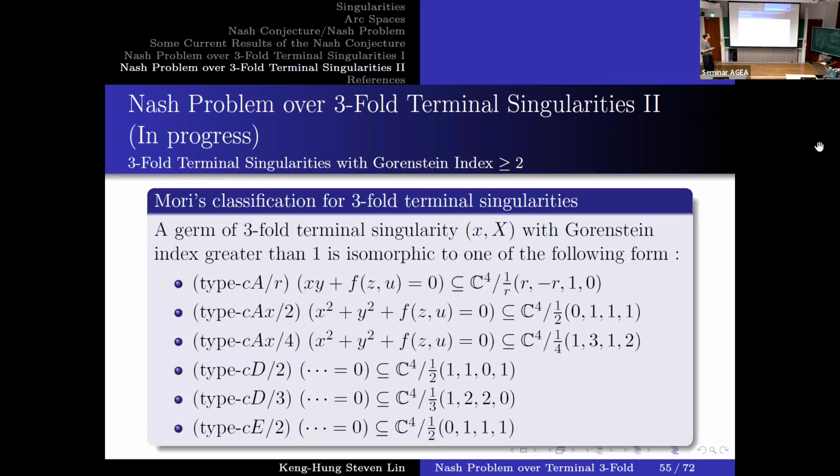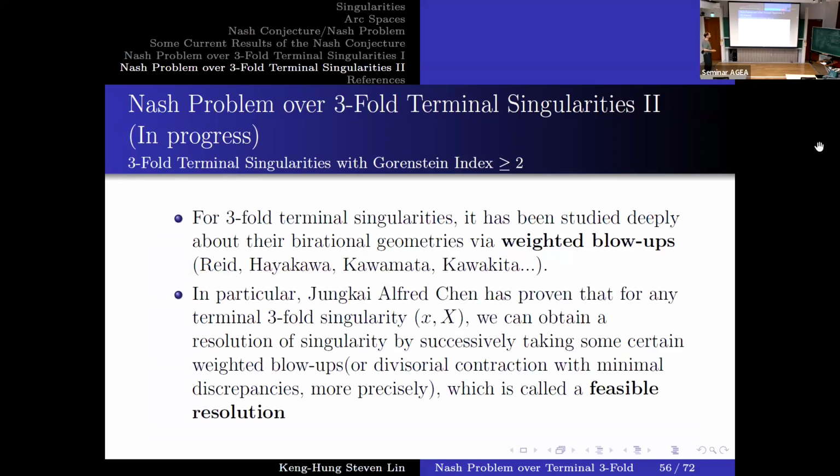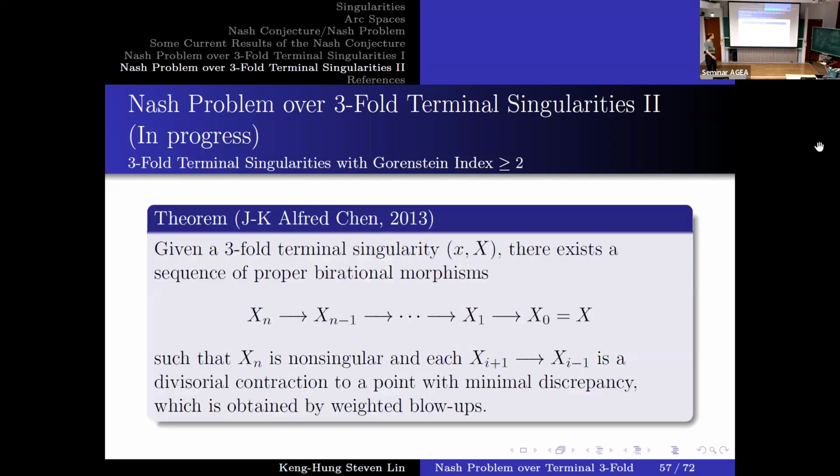We know that for 3-fold terminal singularities, we can use the so-called weighted blow-up to study their birational geometry. Hayakawa, Kawamata, Kawakita, and Reid, and a lot of people have a bunch of works, and in particular Professor Chen has proved that for any terminal 3-fold singularity, we can use such weighted blow-ups to construct a special kind of resolution, which is called a feasible resolution. This is a theorem by Professor Chen.